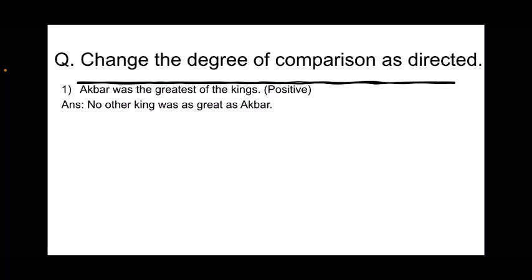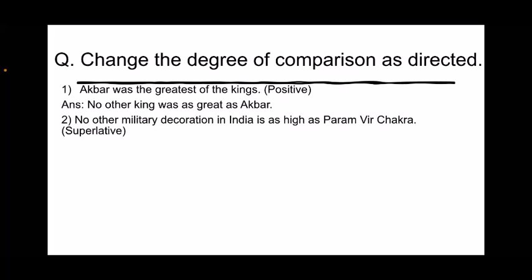So we have as plus great plus as. To turn from superlative to positive, we have added no other king. Why? Because we have to show that there is no one who is better than Akbar or greater than Akbar. That is why we have used here: no other king was as great as Akbar.